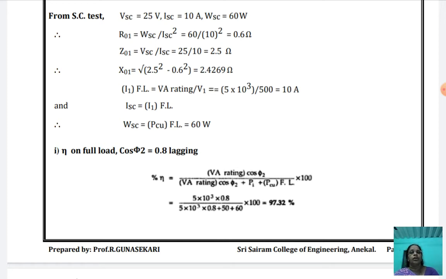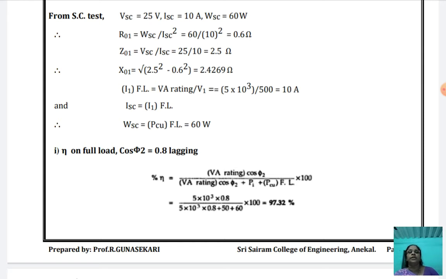So here, R01 means what? If all the meters are connected in the primary side, then from the SC test we can calculate the parameters R01, Z01, X01. You can recall your theory.